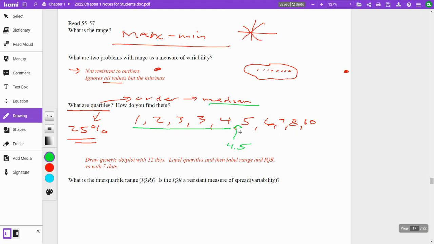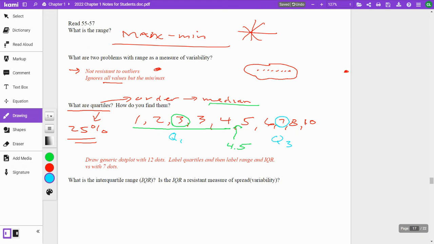I take the numbers on the left and I find the center of that one, which is 3. That is quartile 1 or Q1. I come over here and I look at this list, and there's 5 of them over here. And I look at that one, and that's quartile 3. Okay? That's how you find your quartiles.